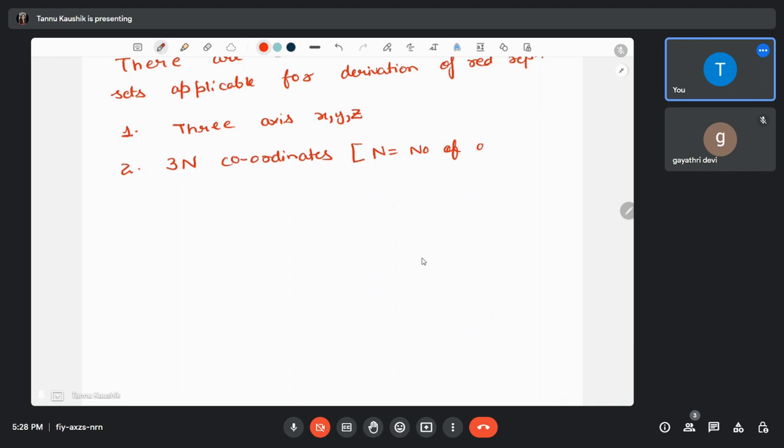So n is the number of atoms in the molecule. Third is the number of unshifted atoms.